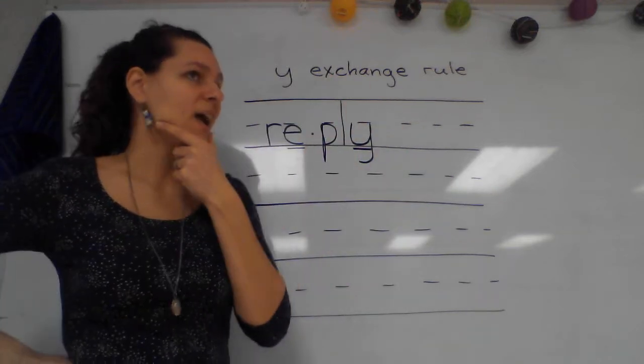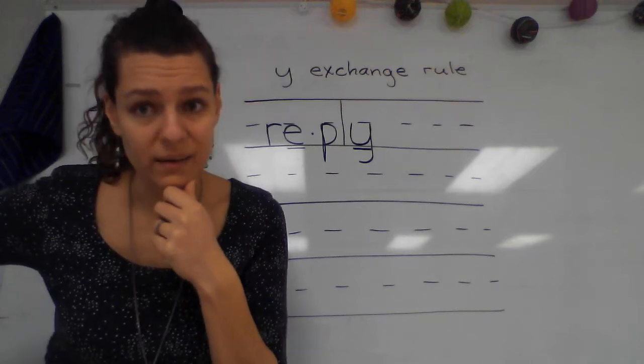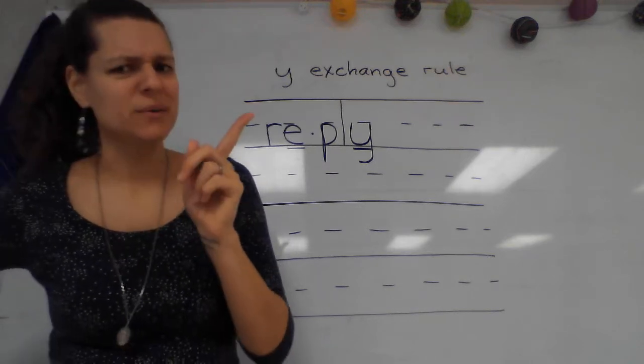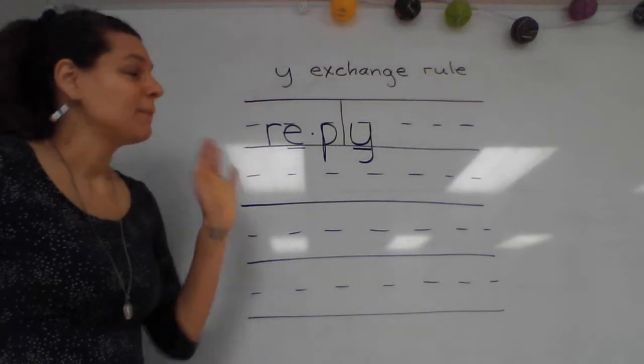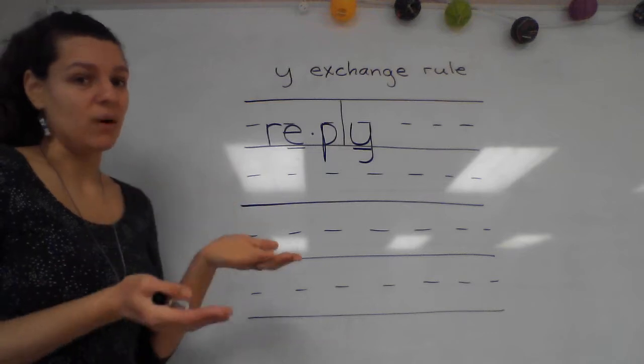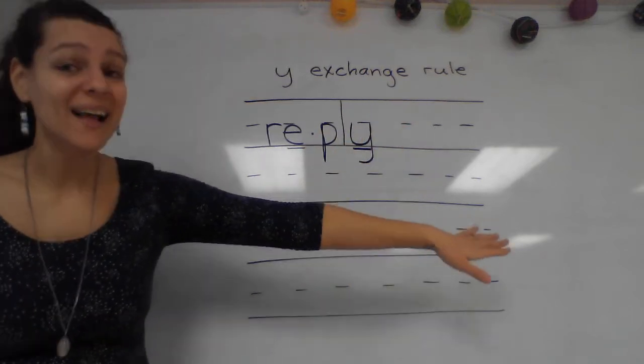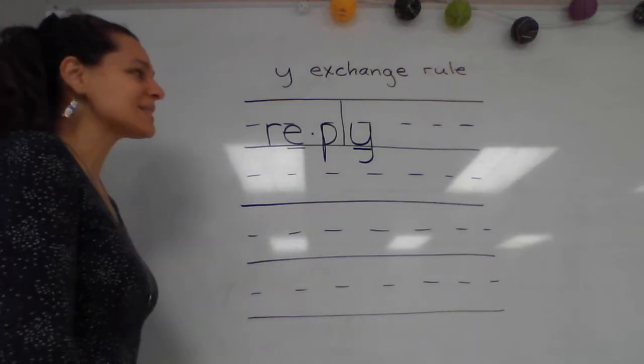I can't say, hey, I'll exchange you 1 dime for $1. Would you do that? I hope not. I know you haven't gotten to money in math yet, but that's not an exchange, because those things aren't equal. But we can trade our Y for an I because they make the same sounds.